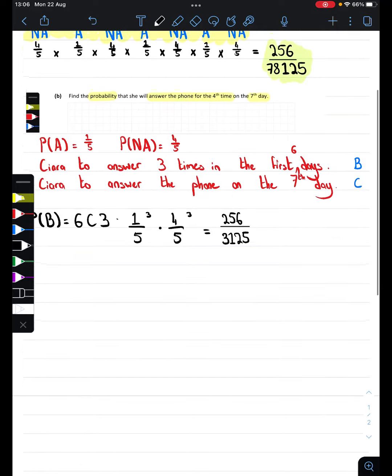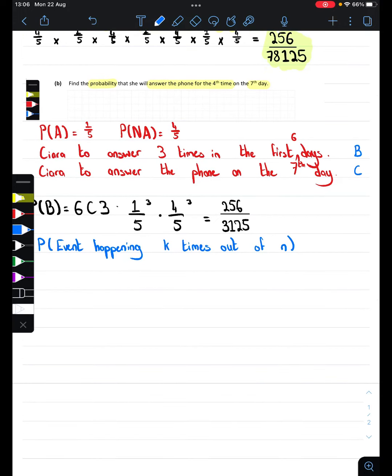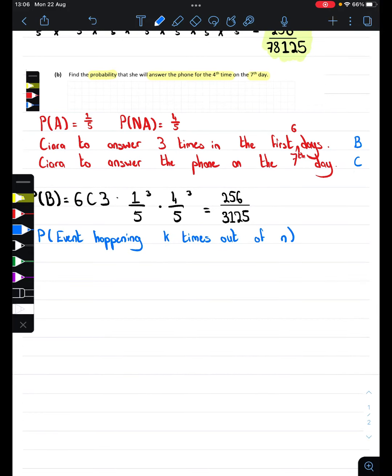Okay, and so in general, the probability of some event happening k times out of n. So in this case, Kira picking up the phone is the event, and k is 3 and n is 6, 3 times out of 6.